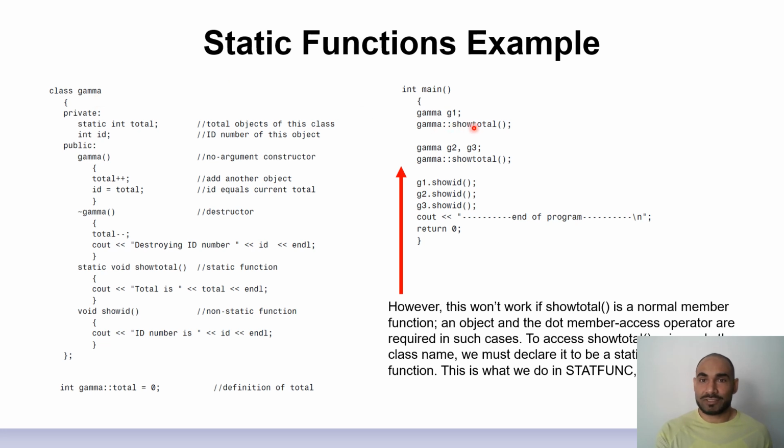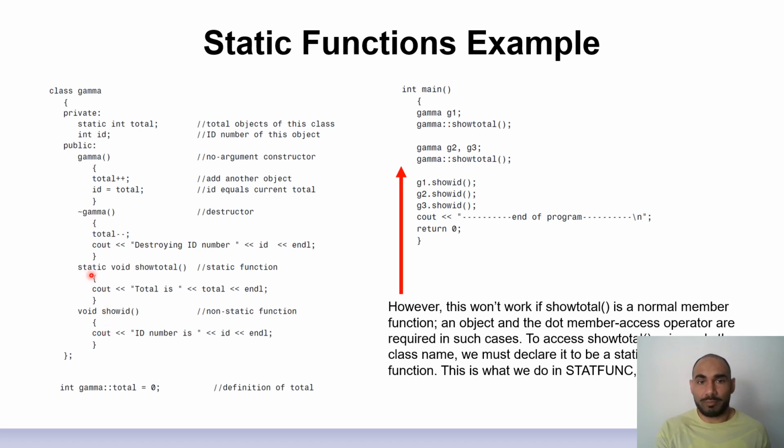Because show total belongs to this gamma class, we use the name of the class followed by show total. Some people will argue here that member functions could only be called on objects using the dot operator. For example, here, name of the object followed by dot operator and the name of the function. Well, this functionality is available only to non-static member functions.